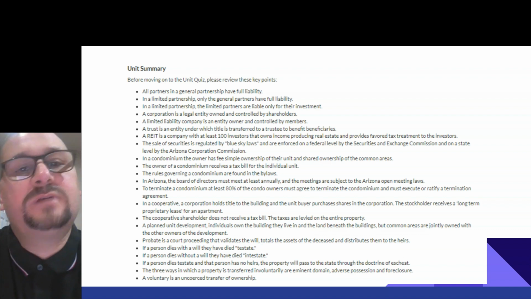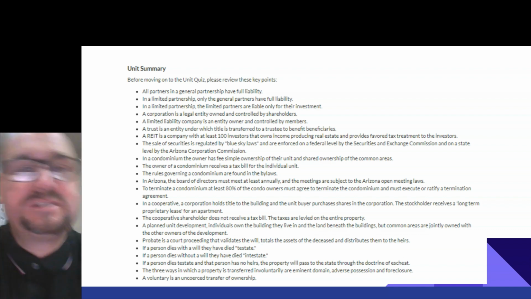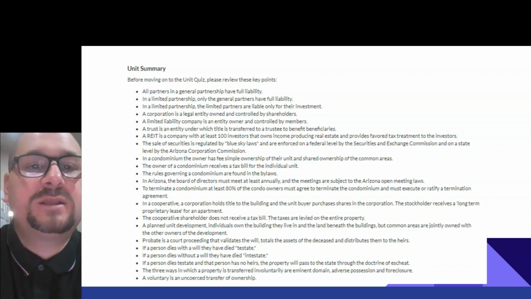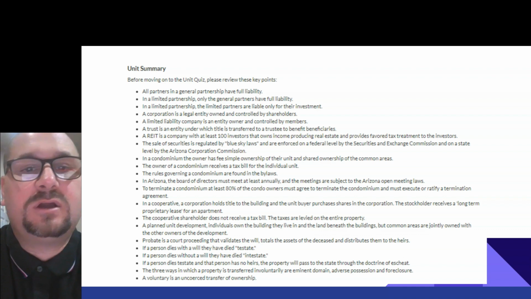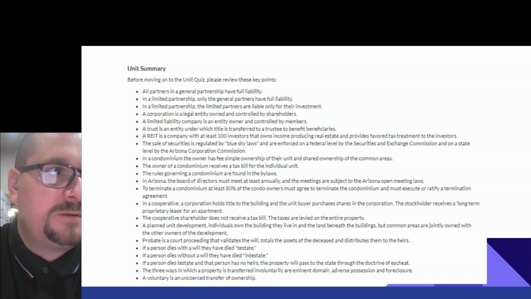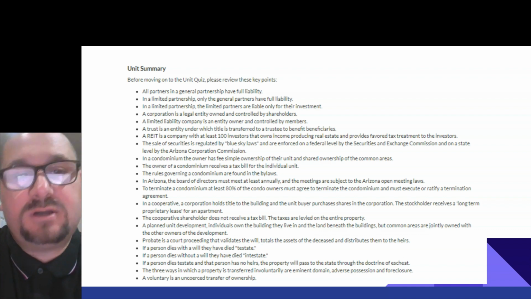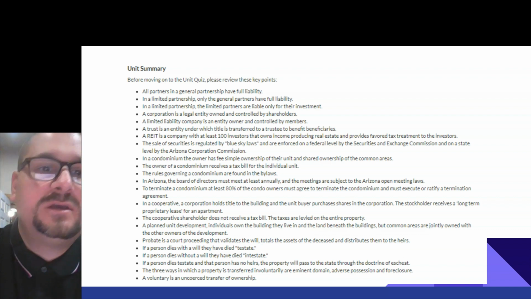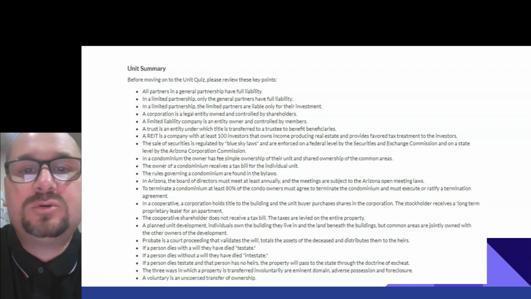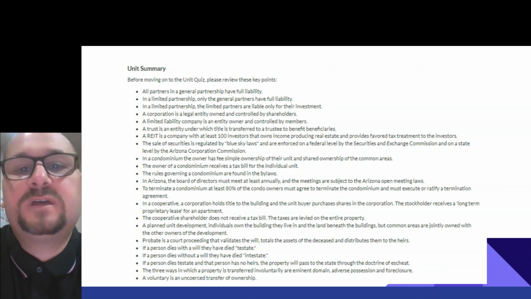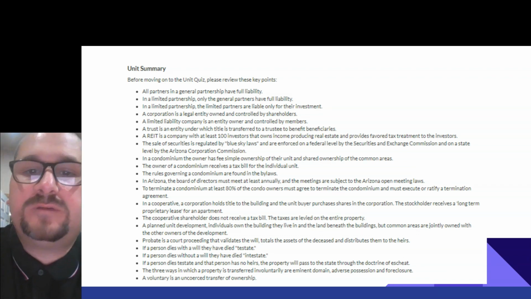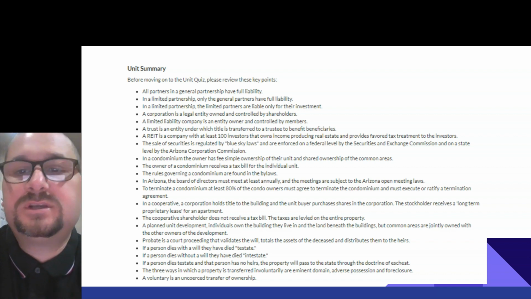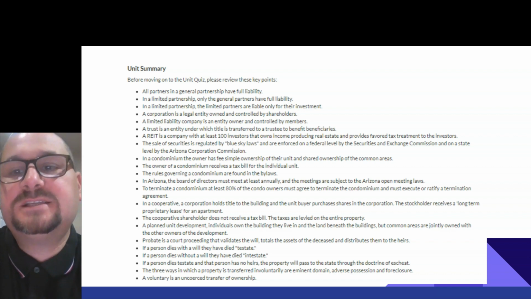The sale of securities is regulated by blue sky laws. You'll hear the term blue sky laws. That's the sale of securities. You're selling securities. And who are they enforced by? They're enforced on a federal level by the Securities and Exchange Commission, the SEC.